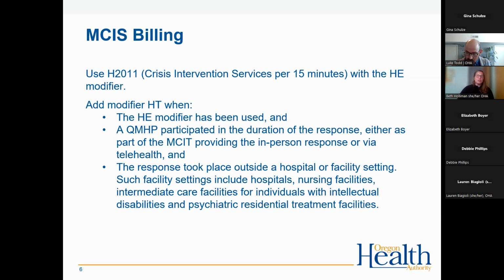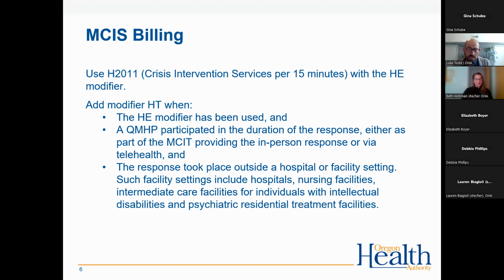So she's hearing that if a QMHP responds via phone they can bill, but if they're on site, they're not billing. That's not necessarily true, but Luke, do you want to explain the difference in those two? Yeah.